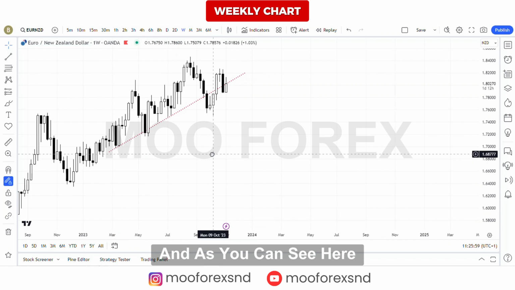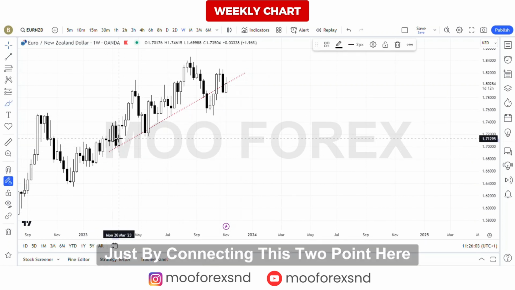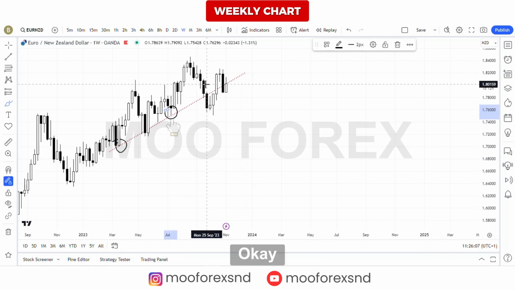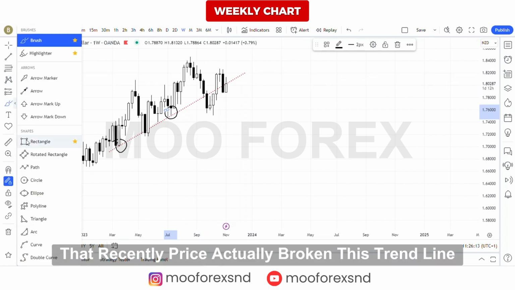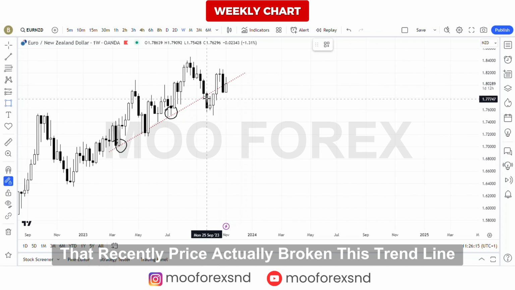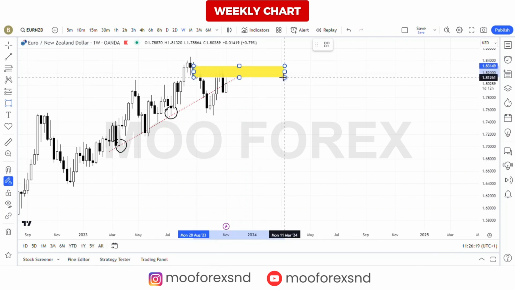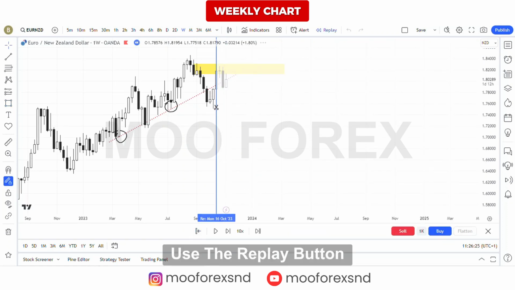As you can see here, I drew a trend line just by connecting these two points. We can see that recently price actually broke this trend line, as you can see, this order block here.